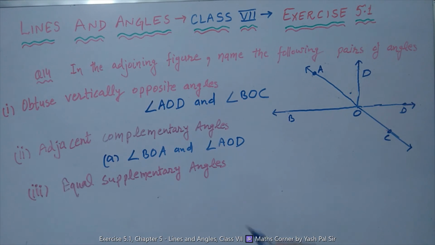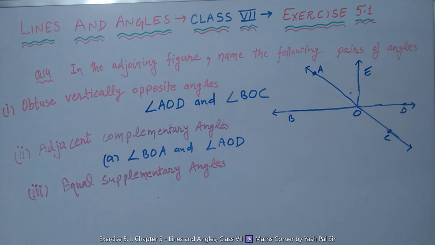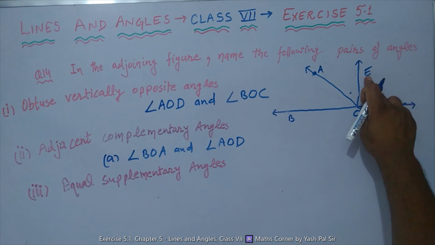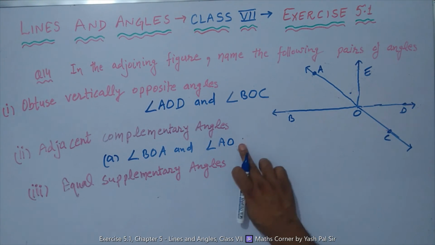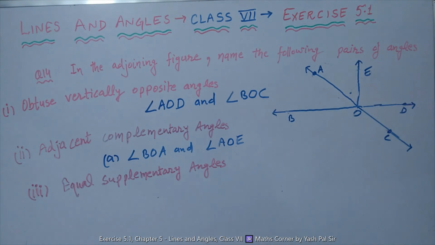Third part, equal supplementary angles. Supplementary angles mean the sum should be 180 degrees. So first of all, we see this was E, so in the previous part write here E, AOE, right?